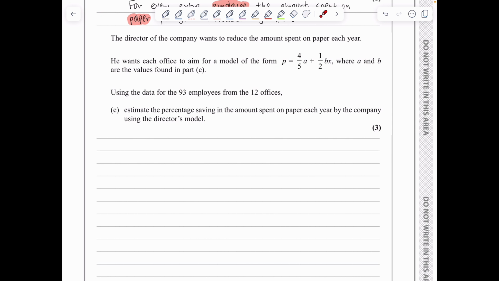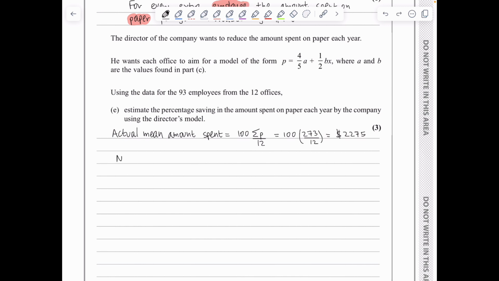So it's the actual mean amount spent, which is the total amount spent, the sigma p, divided by 12, which is the 12 offices, times 100, because this was measured in hundreds of dollars. So this is 100 times 273 over 12, which gives an answer of $2,275. This is the mean amount spent per office, the actual figure.